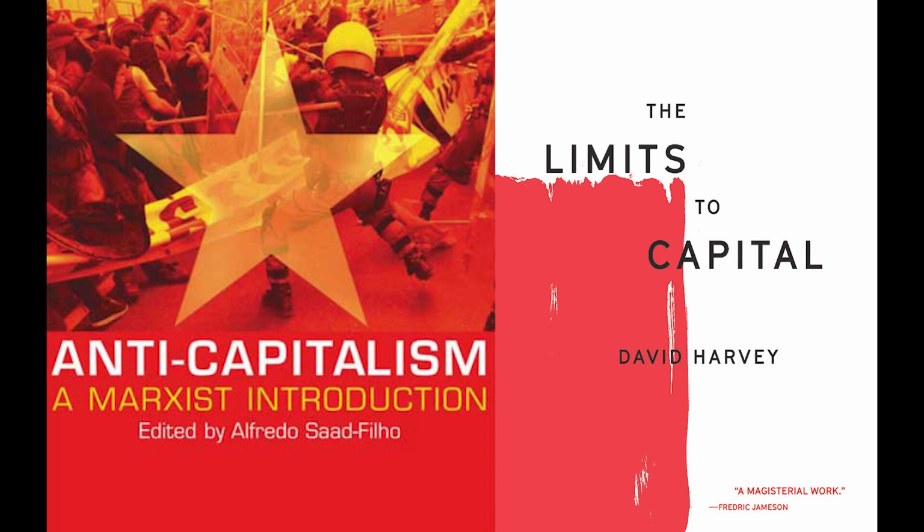But the other important thing is that for this value to be realized, it has to be recognized as socially valid. And this recognition of the value of a commodity as socially valid means that somebody else on the market sees it as a use value. That's where we come to this relation between exchange and use value. For it to be exchanged, it has to have a use value, not to the person who's selling the commodity.